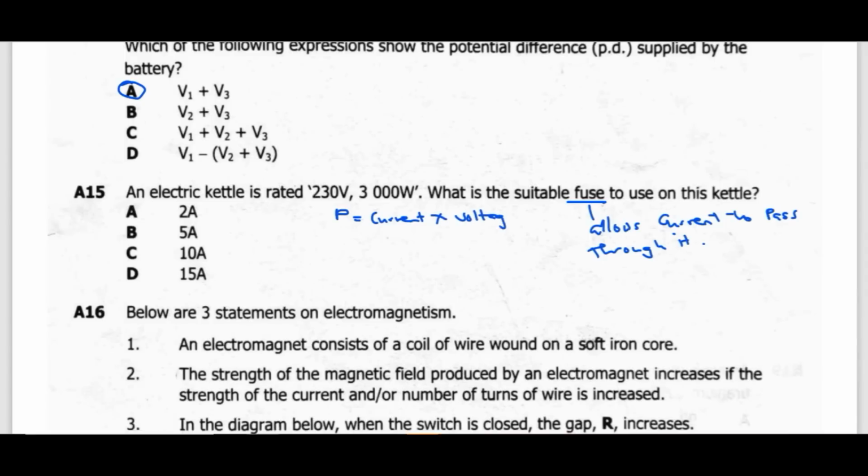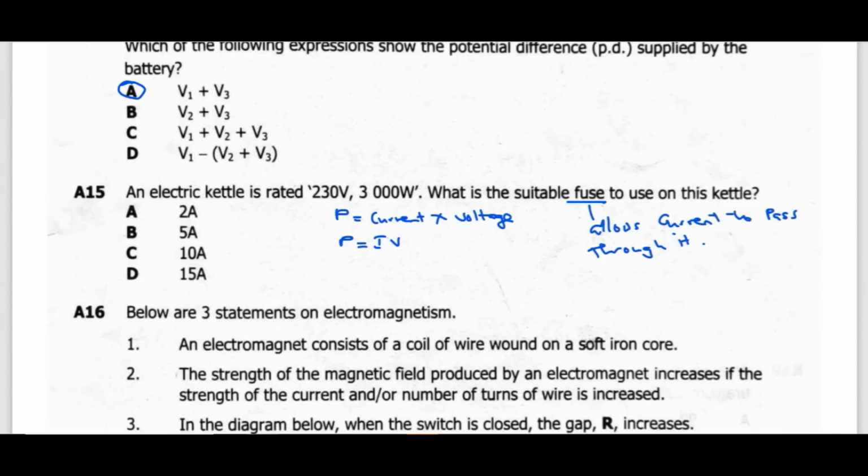Voltage. So current times voltage. So we are saying that P, which is power, equals current, this is current, and then we have V there.